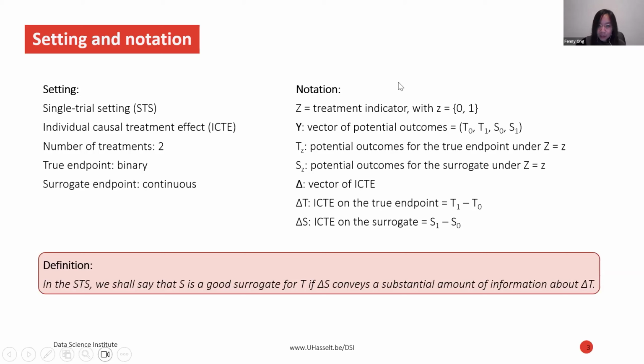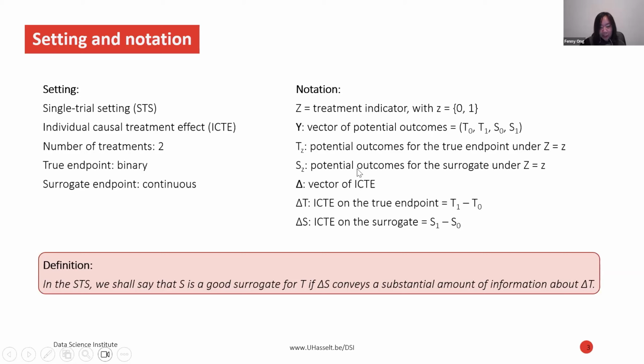I will use this notation throughout the presentation. Z is the treatment indicator, which can take 2 values, either 0 for placebo or control, or 1 for the treatment. Y is the vector of potential outcomes. T_Z and S_Z are the potential outcomes for the true and surrogate endpoints under treatment Z. Delta is the vector of individual causal treatment effects, which consists of delta T and delta S, and they are simply the difference between the corresponding potential outcomes.